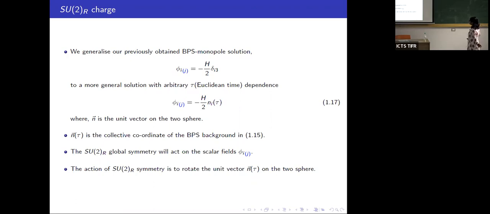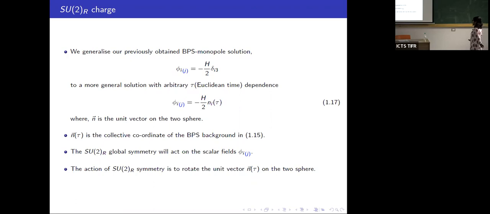But since we have full SU(2) R symmetry in the theory, we generalize this U(1) background to this, which is denoted by -h/2 n_i(tau). n_i(tau) is a unit vector on the 2-sphere, and it is called the collective coordinate of the BPS background. Now, since SU(2)_R is a global symmetry of the theory, it will act on the scalar fields phi_I. So tau is the Euclidean time coordinate.